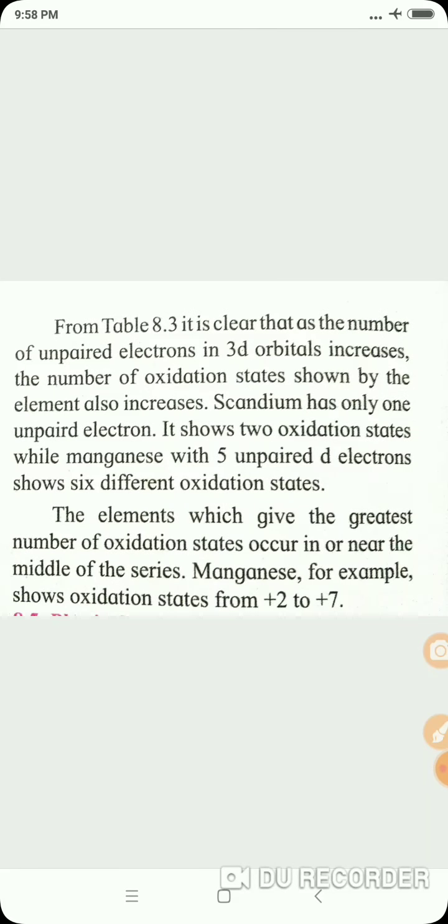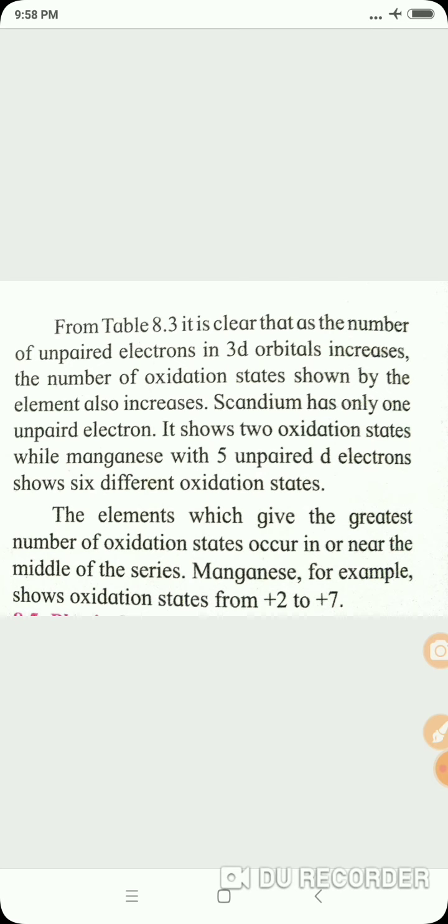Now see table 8.3, in which we studied the various oxidation states shown by the transition elements. This is the reason why the transition elements form various oxidation states, and this is the answer to that question.